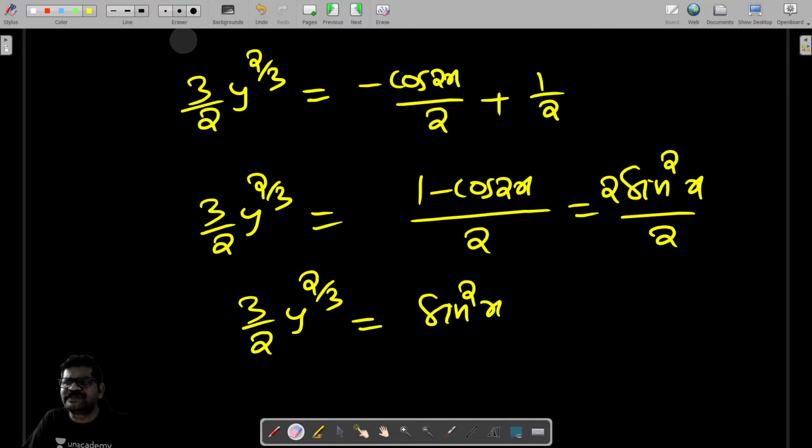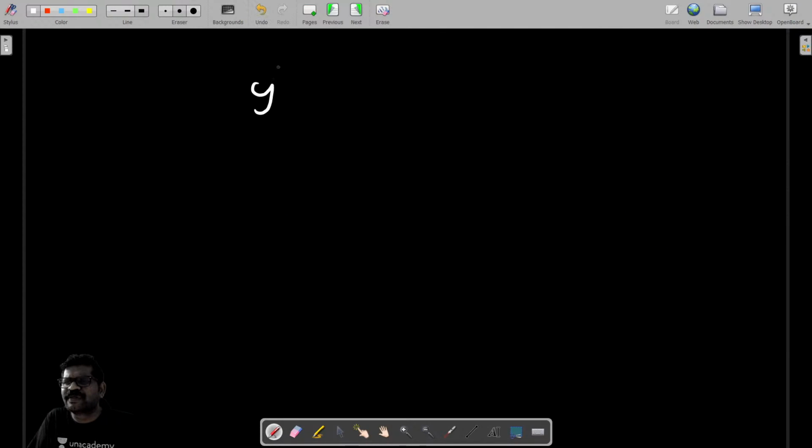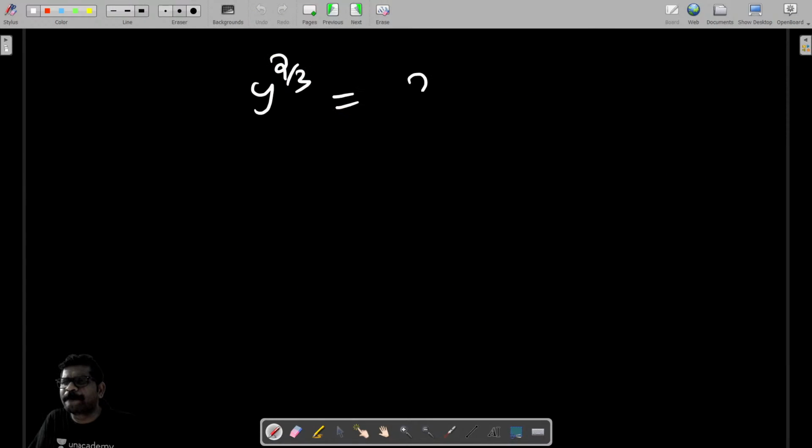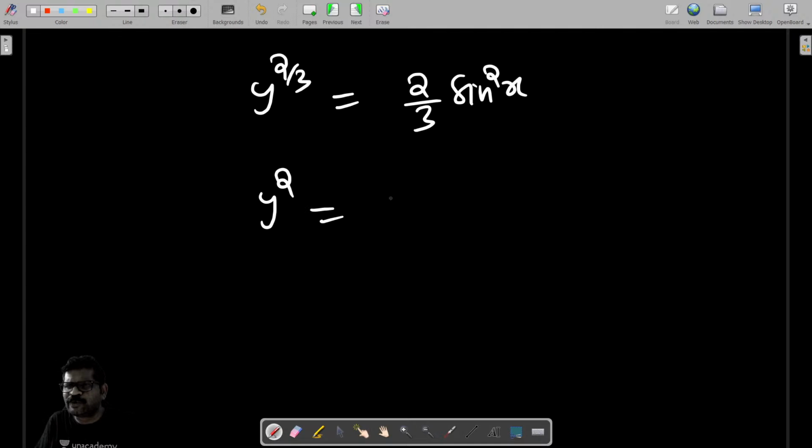And now from this you can write y power 2 by 3 equal to 2 sine square x by 3. Now raise power 3 on both sides, you will get y square equal to 2 cube 8, 3 cube 27, sine square x whole cube.